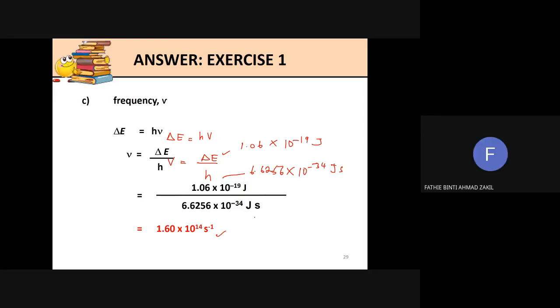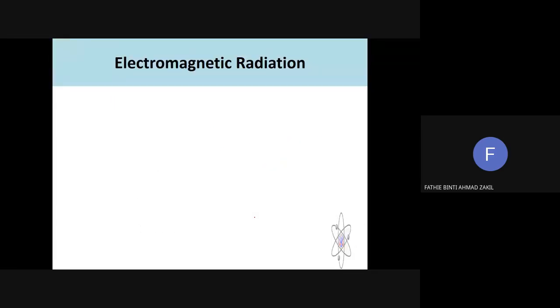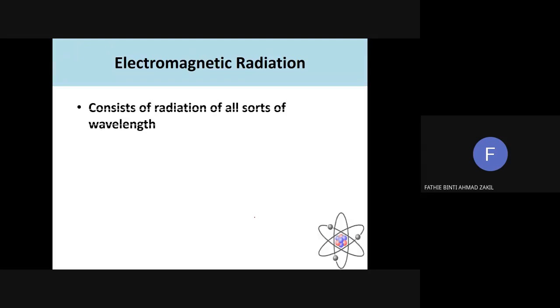Okey, kita tengok sikit lagi. Kita ada lagi satu term, electromagnetic radiation ni. Electromagnetic radiation they consist of radiation of all sort of wavelength.